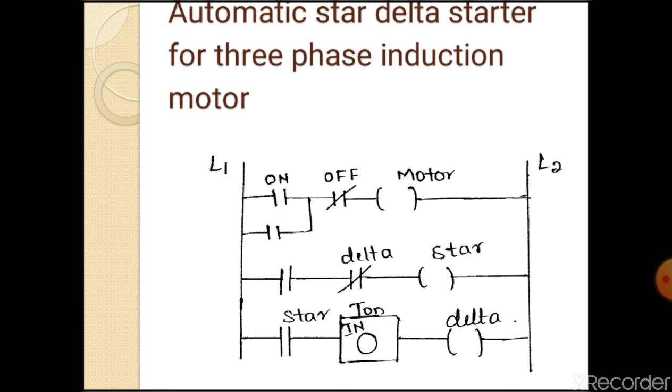The delta coil gets energized and the motor runs in delta. For interlocking between the two contactors S and D, two NC contacts are connected in series with S and D as shown in the figure.